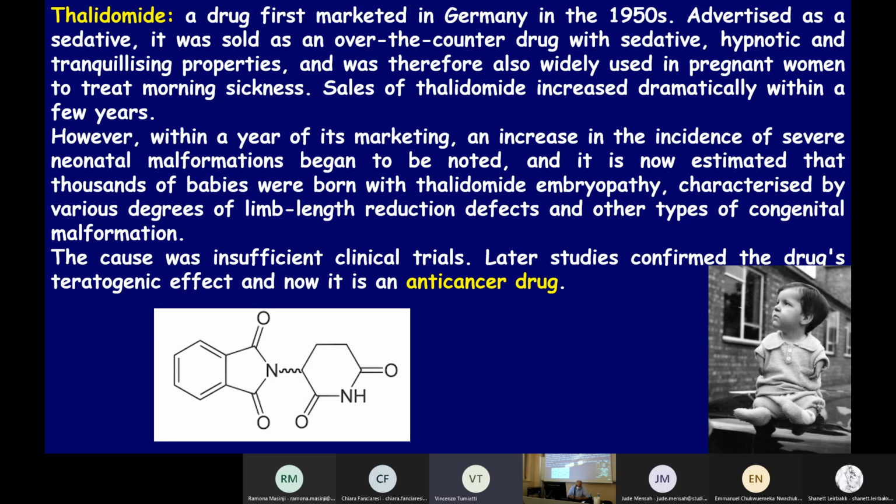The scientists did not measure the ability of this compound to cross the placental barrier. And the result was to have a lot of children without hands, because this compound is toxic during the formation of the fetus.